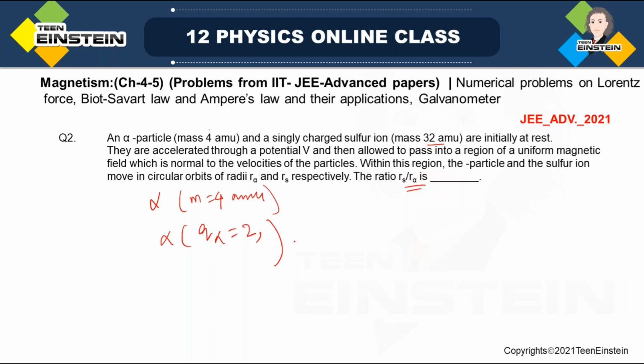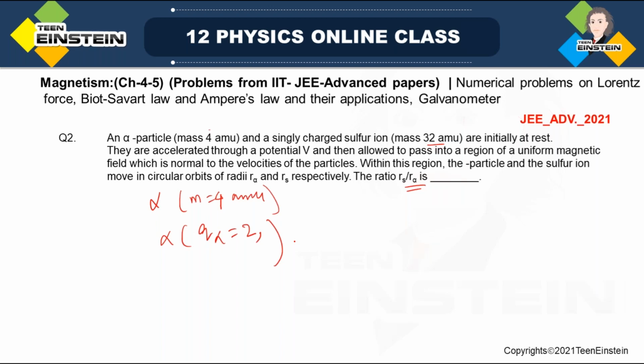When a charged particle enters the region of uniform magnetic field, whenever there is a charge moving in a uniform magnetic field in a direction perpendicular to the field, then it will execute a circular motion.